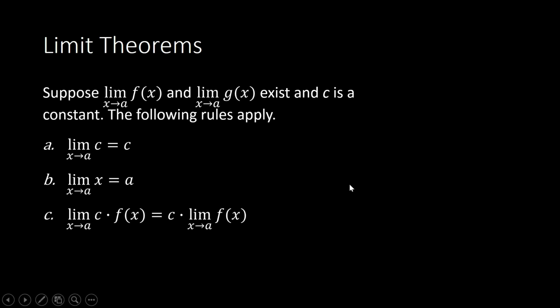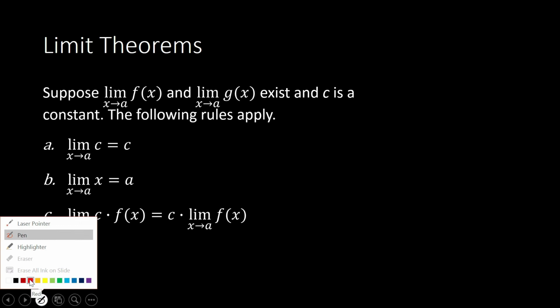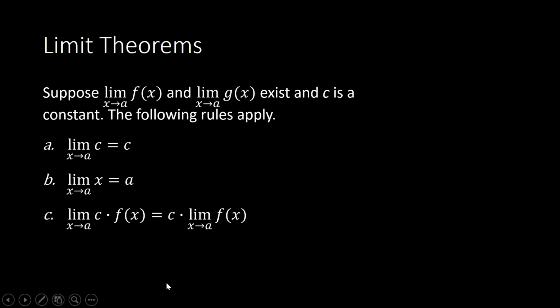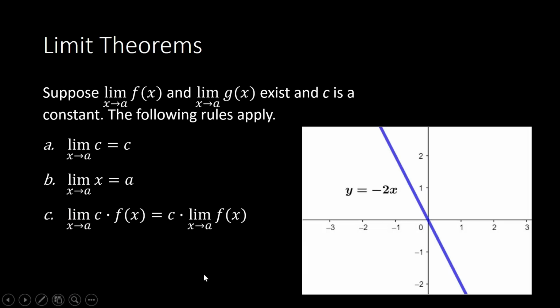The limit of c times f of x as x approaches a is equal to c times the limit of f of x as x approaches a. So for example, our c times f of x is negative 2 times x. Negative 2 is our c and f of x is equal to x.